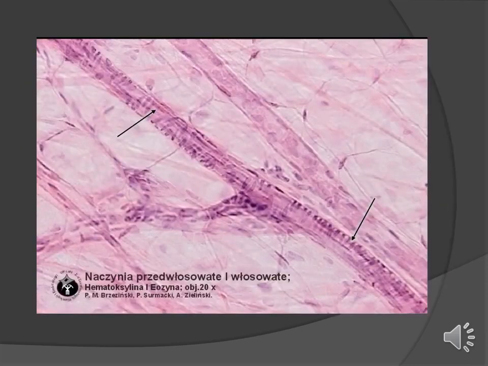This slide is stained with hematoxylin and eosin, and we can see here capillaries and precapillary. The two black arrows show precapillary.